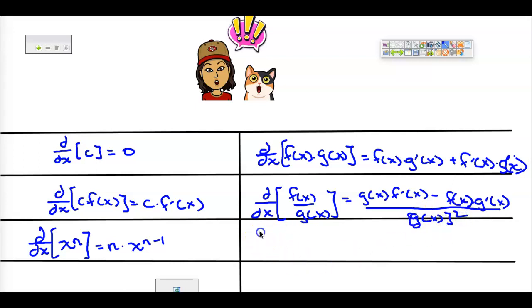And we said that the critical values occur when f prime of x equals 0, or when f prime of x is undefined.